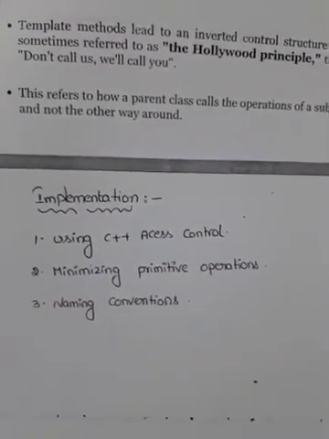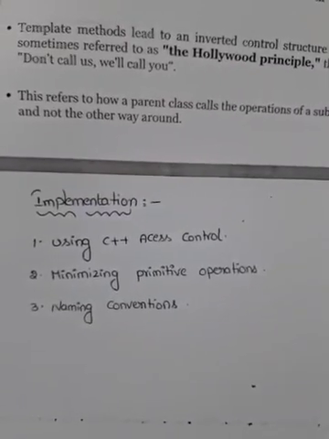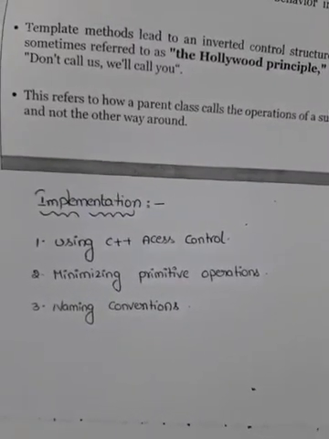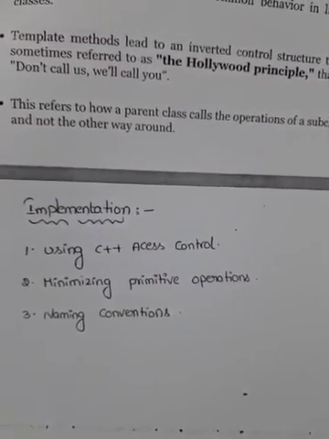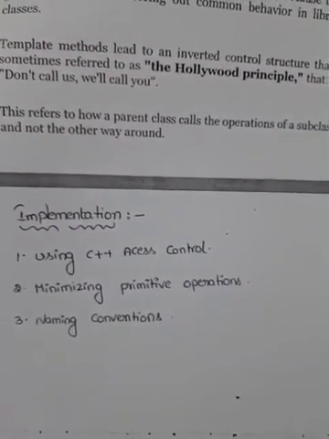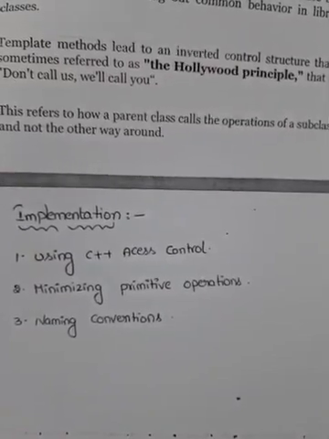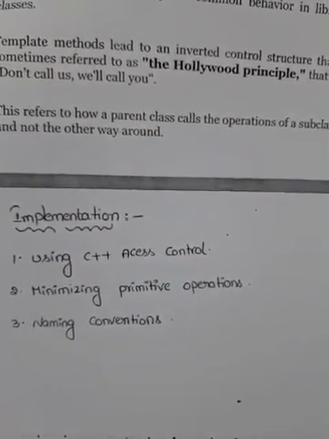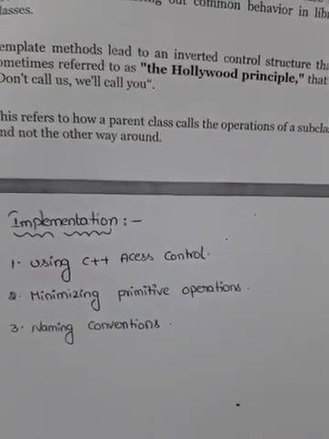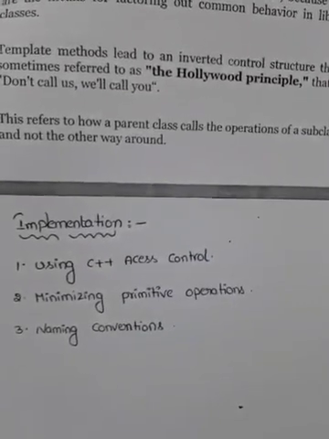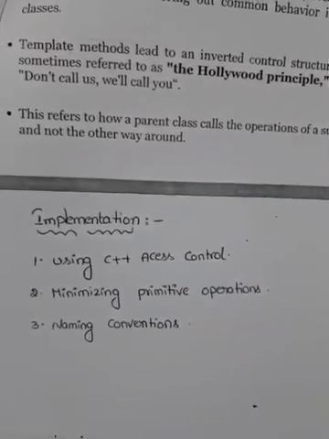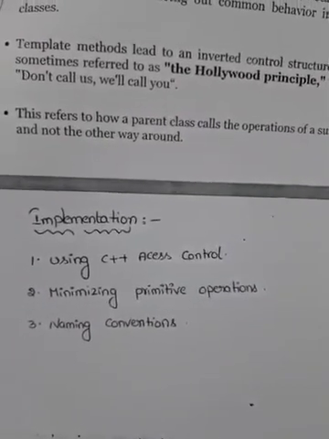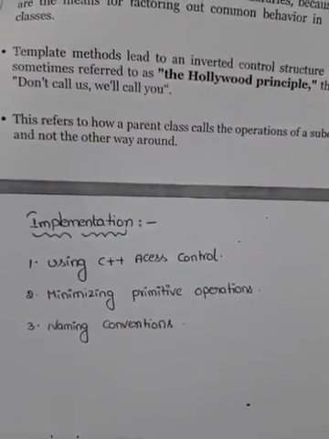And coming to the next one, minimizing primitive operations. The important goal in designing template methods is to minimize the number of primitive operations that a subclass must override to flesh out the algorithm. The more operations that need overriding, the more tedious things get for clients.